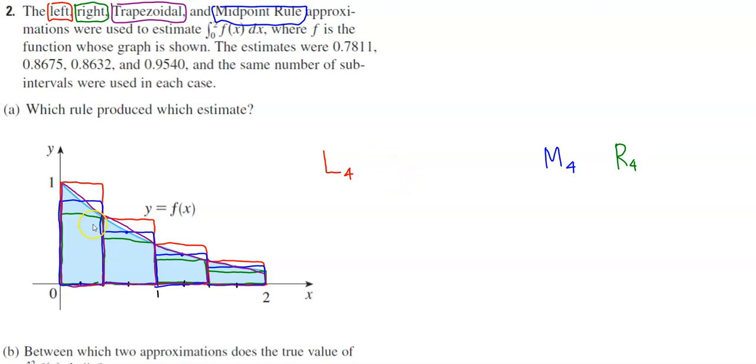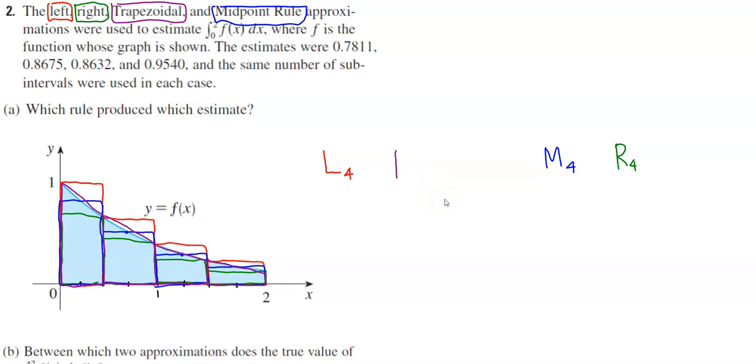So the trapezoid is going to be a little bit above that function. It's going to be less than the L4, but it's going to be greater than the midpoint and the right estimations. So we know it's going to be less than L4, so we're going to have the trapezoid with the 4 subintervals here.